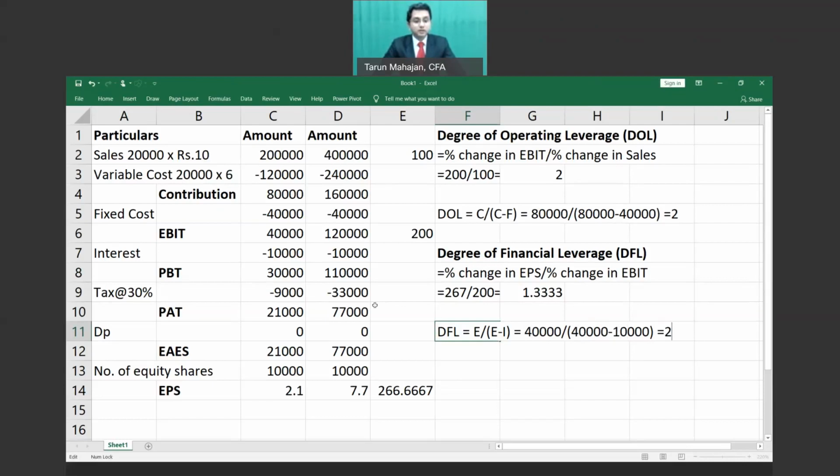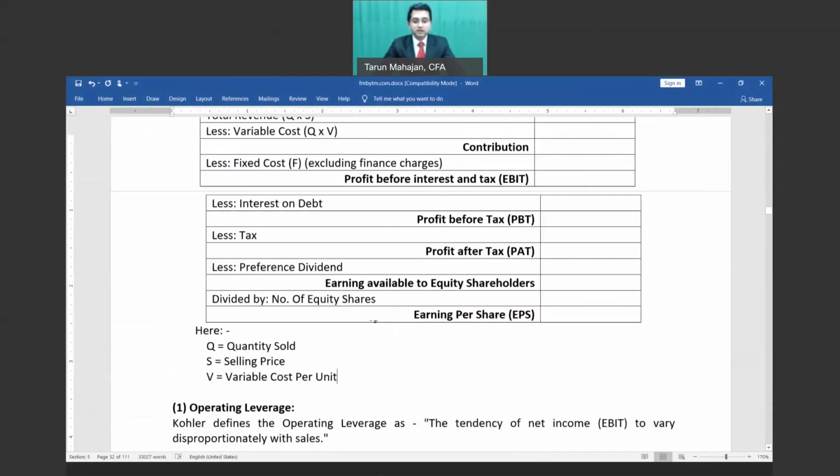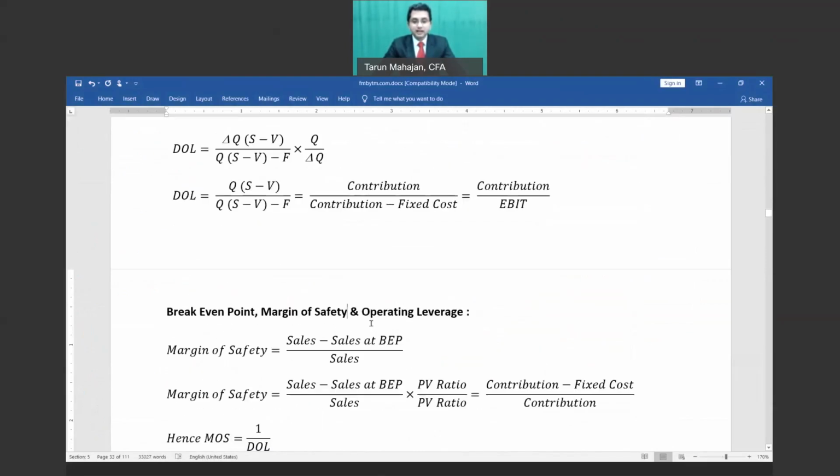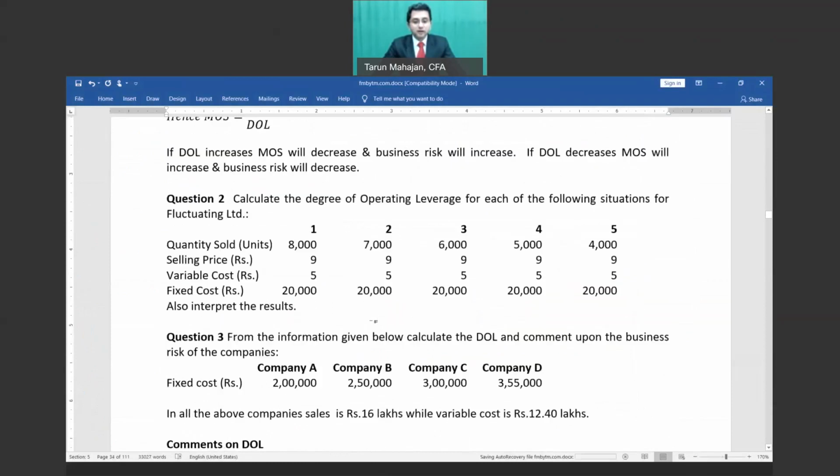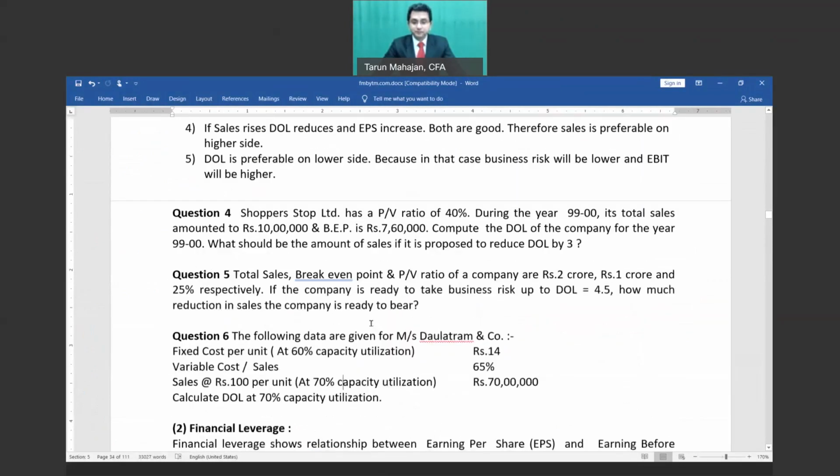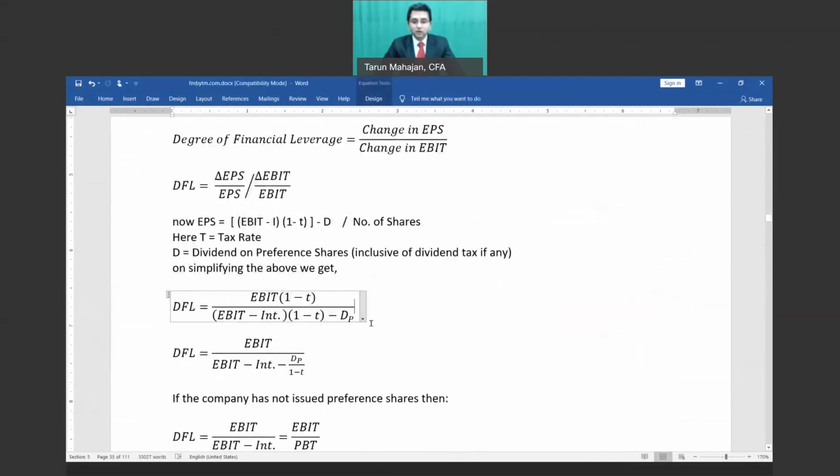So that is 40,000 upon 30,000. That means 1.33. You know, this is the shortcut formula when there are no preference shares. But if there are preference shares, then the shortcut formula will change a little bit. And in that case, the shortcut formula will look like this.